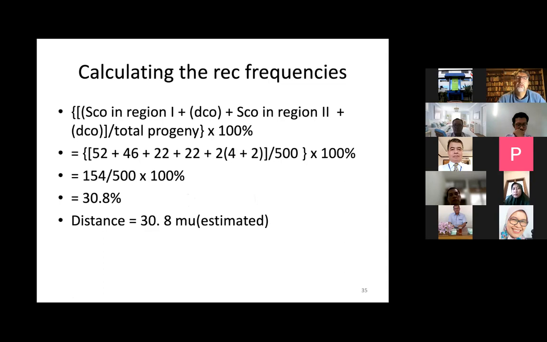And the total recombination in the region, considering the two extreme genes, is the sum of everything: 52, 46, 22, 22, and 2 times 4 plus 2. Okay, so the 154 over 500 times 100% is 30.8%, or 30.8 map units.